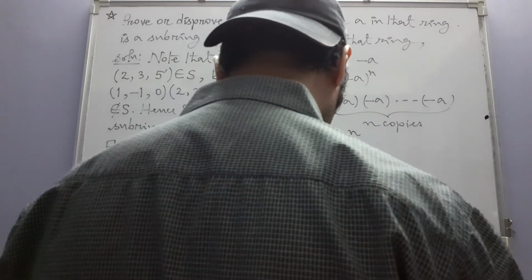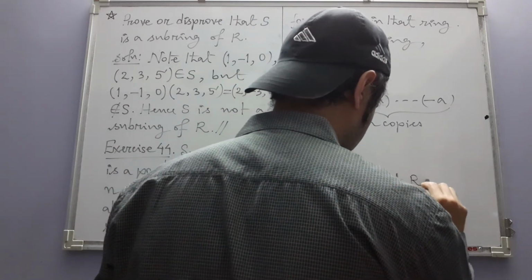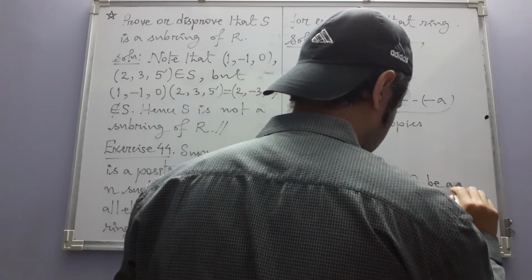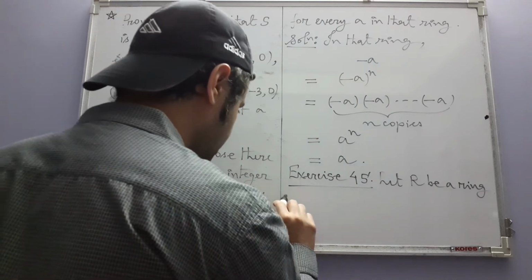Exercise 45. Let R be a ring with unity.